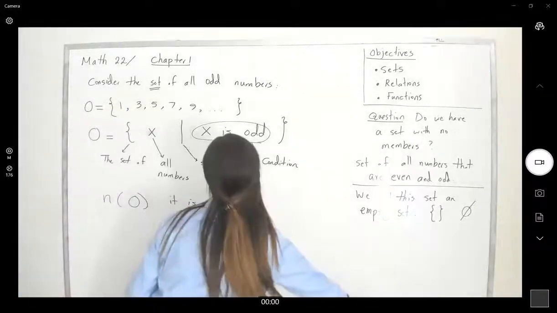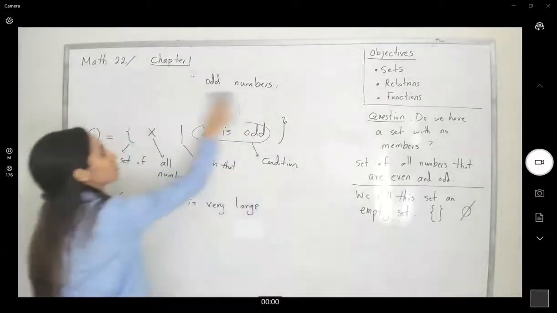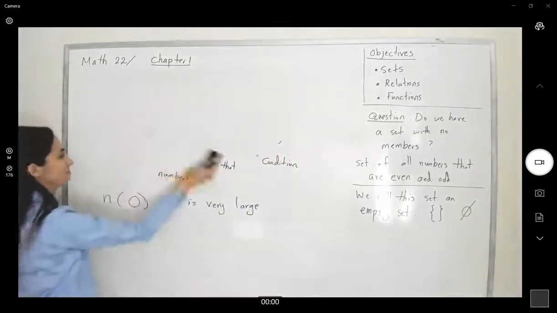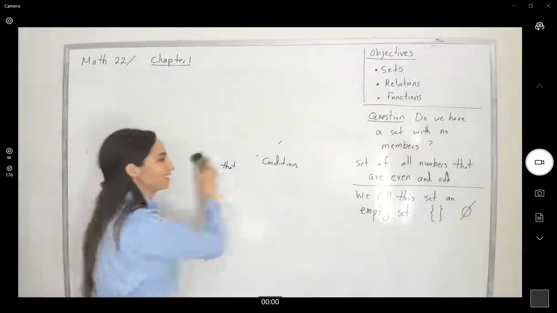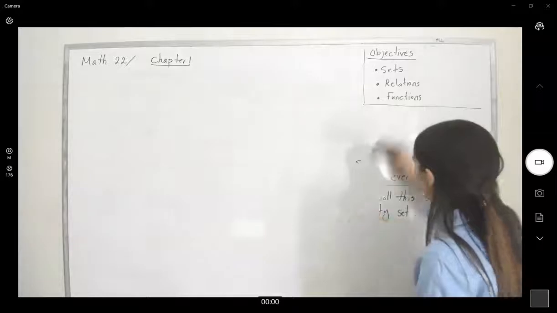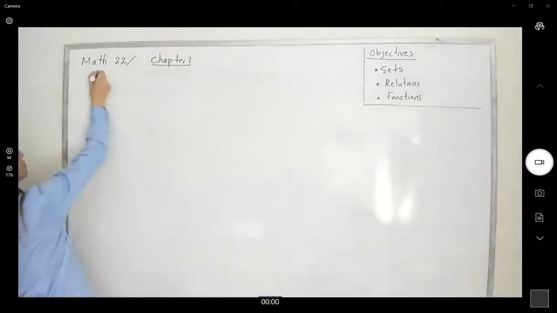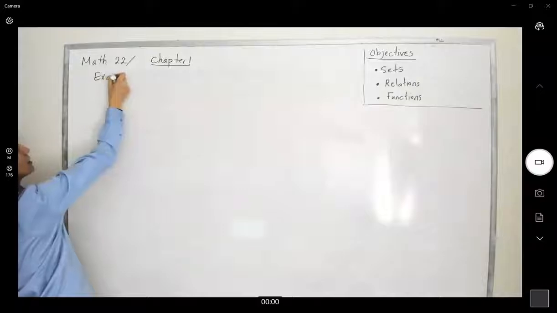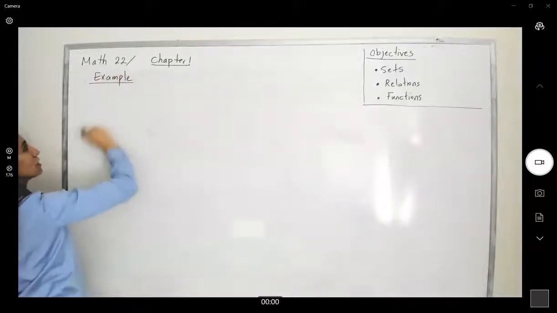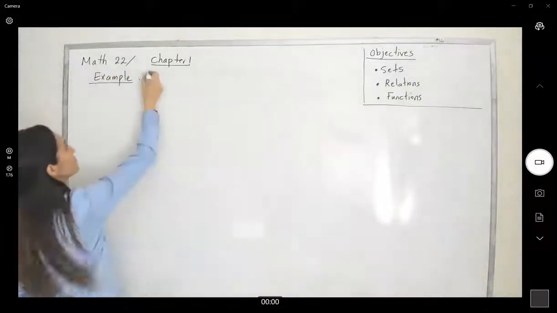Well, so how do we compare sets? What is the tool to compare sets? So take a look at this example. Example says, what is the relation between following sets?